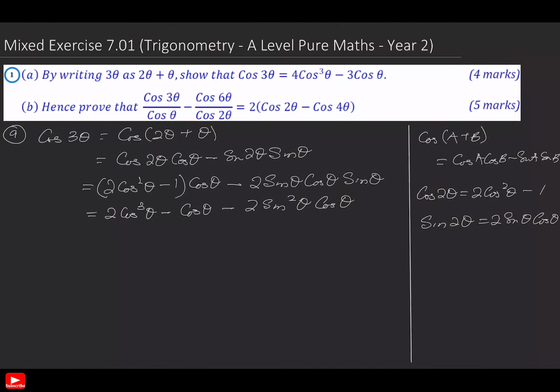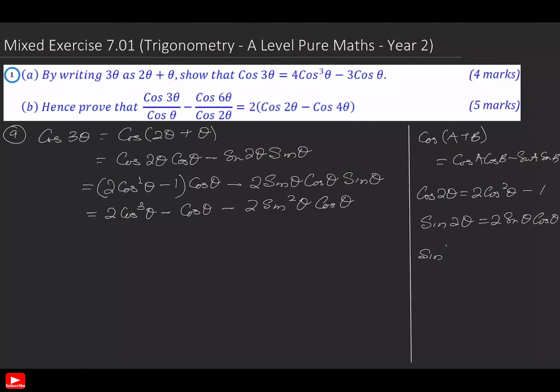But we know that sine squared theta is 1 minus cos squared theta. So I'm going to replace this with 1 minus cos squared theta. Then I'm going to get 2 cos cube theta minus cos theta minus 2 brackets 1 minus cos squared theta, close the brackets and multiply by cos theta.